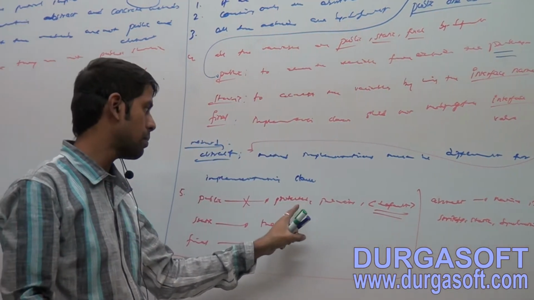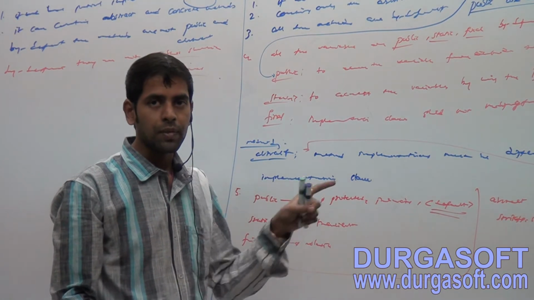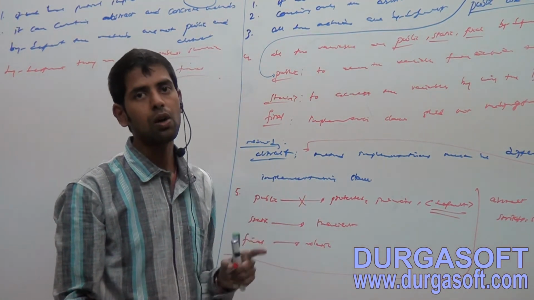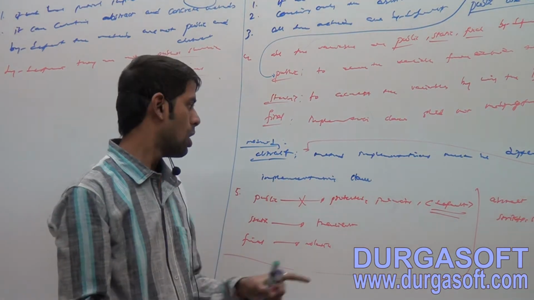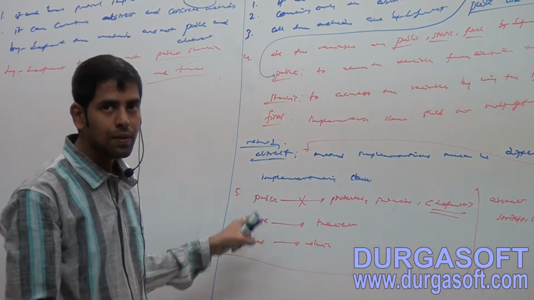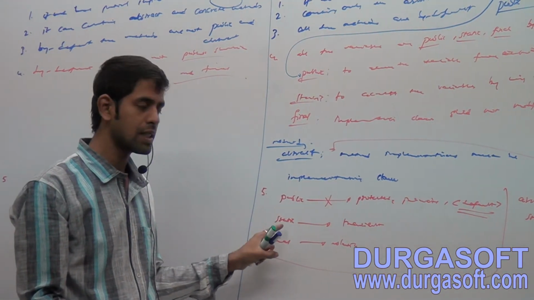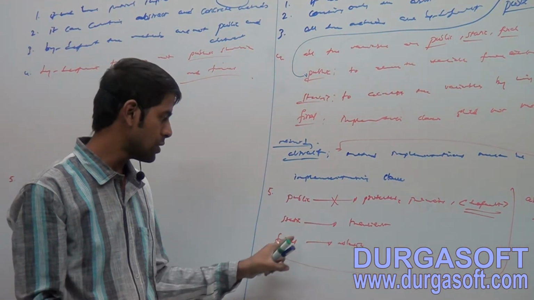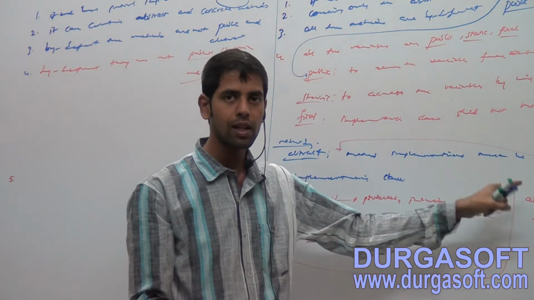We have done private here. So these are illegal combinations of access modifiers as well as modifiers for the public access modifier, the static modifier, the final modifier, and finally the abstract modifier.